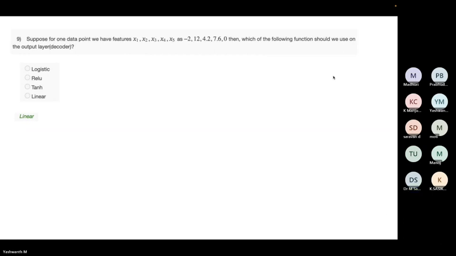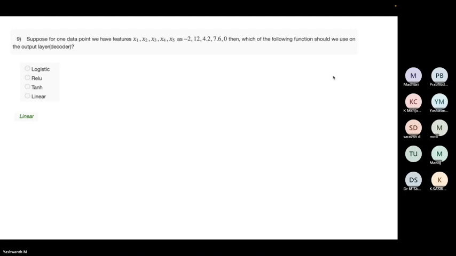Right, good. Linear values, correct. Tanh is -1 to 1. And logistic is 0 to 1. That's why you cannot use any of these first three; linear is the one.